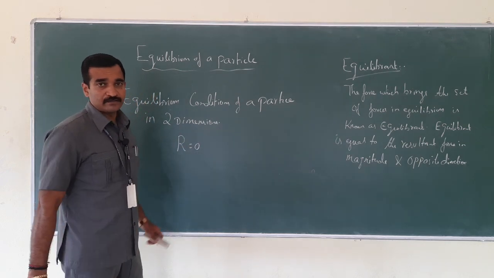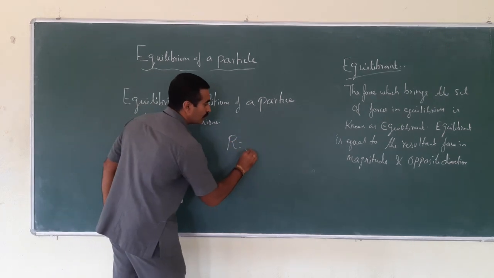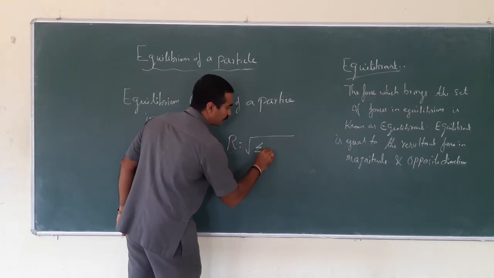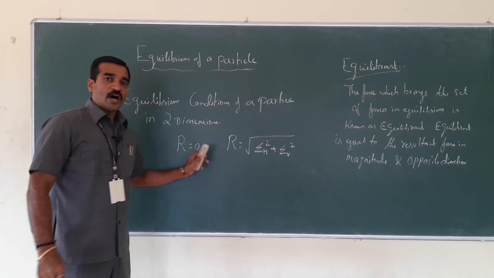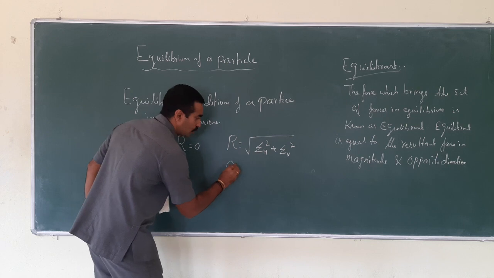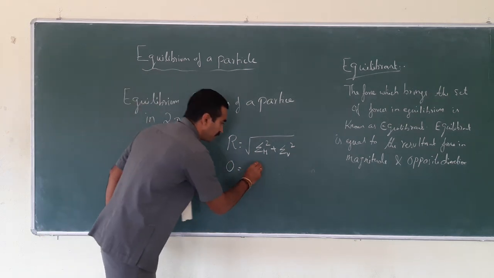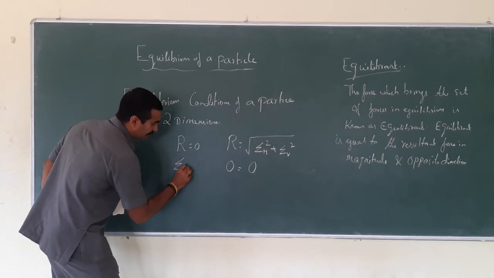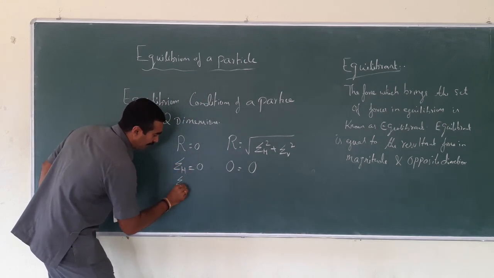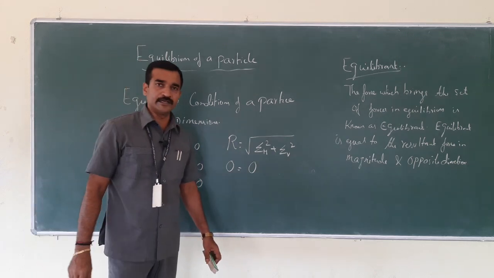What is the formula which I taught in the resolution of forces? R is equal to root of summation H square plus summation V square. When R is equal to 0, what will happen? Summation H will also become 0. Right? So R is equal to 0, summation H is equal to 0, and summation V is equal to 0. Got it? Right.